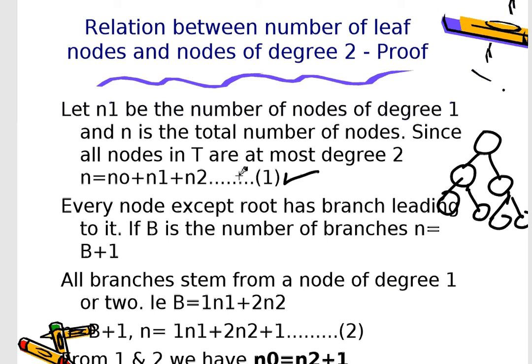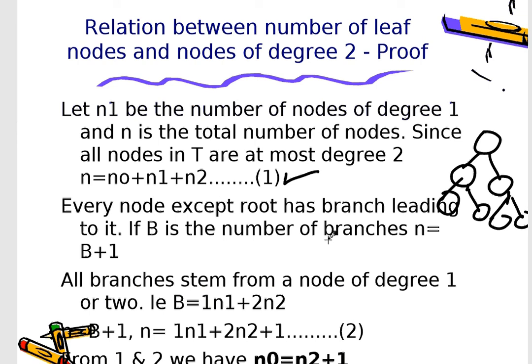So I can directly say the number of nodes is equal to n0 plus n1 plus n2. n0 means nodes with degree 0, n1 nodes with degree 1, n2 nodes with degree 2. So the total number of nodes will be within the category of these three only. So n0 plus n1 plus n2.